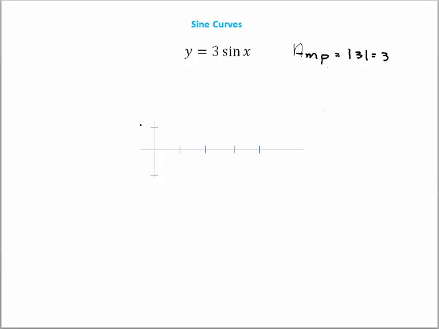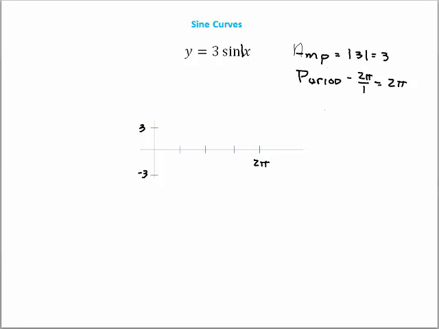Okay, let's put that on here. 3 and negative 3. And again, there is no number in front of the x, so we'll just put a 1 there. And our period again is 2 pi over 1, which equals 2 pi. Okay, so we'll put 2 pi over here. We know that's where it ends.